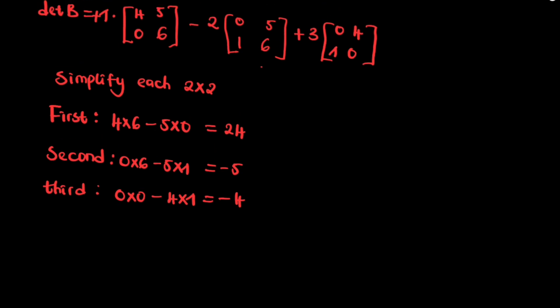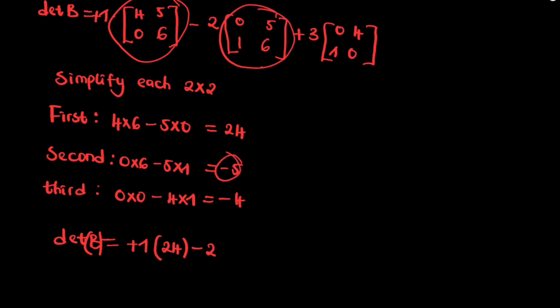Okay, so now we put it there. So the determinant, we plug it back. The determinant of B is equal to, so we had plus 1. We are just putting it back. Plus 1 times, when we had a determinant of that, it gave us 24. And then minus 2. Then we had this, it gave us minus 5. Plus 3.